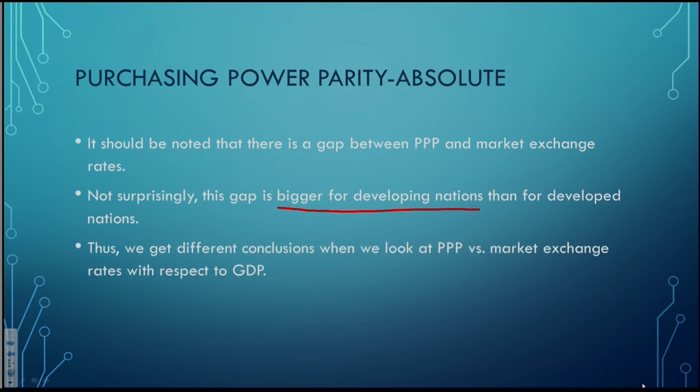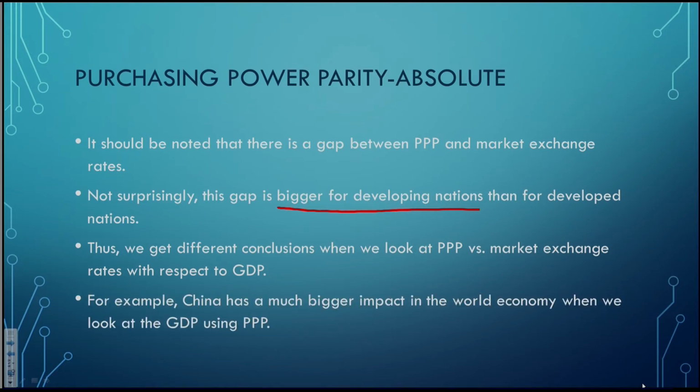Thus, we get different conclusions when we look at purchasing power parity versus market exchange rates with respect to gross domestic product. So what I'm saying is that if we calculate gross domestic product one way and compare it to calculating it through purchasing power parity, we're going to get different numbers.